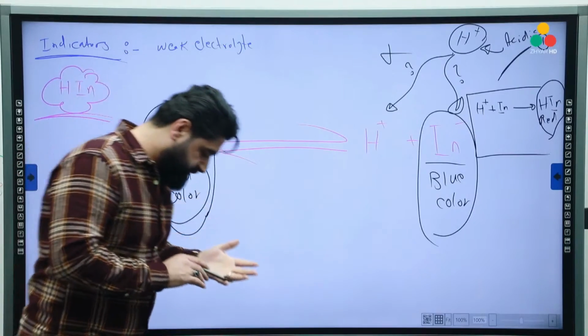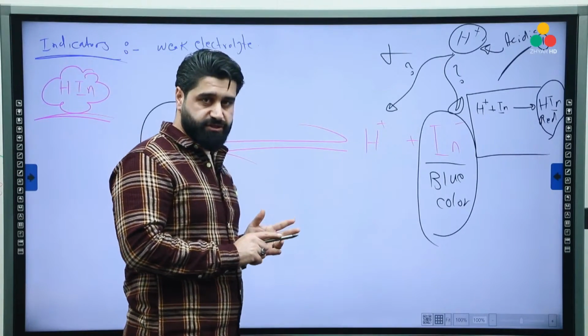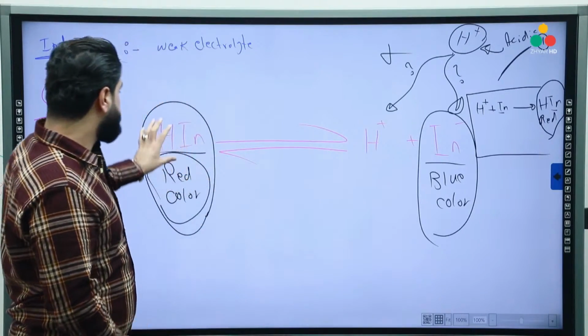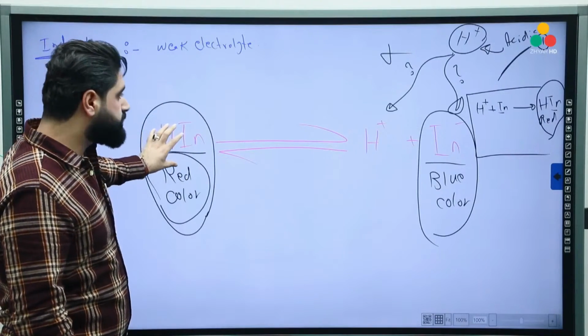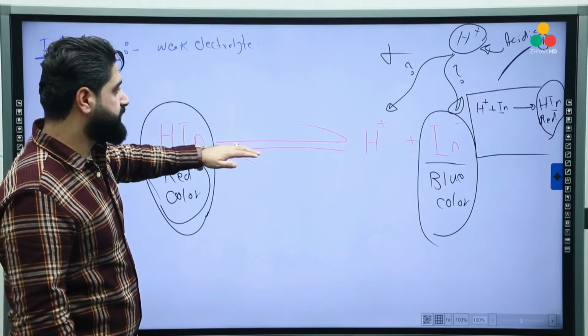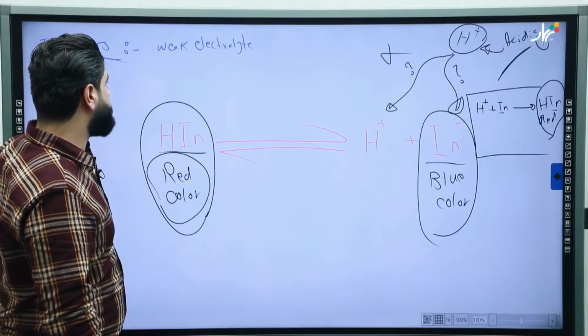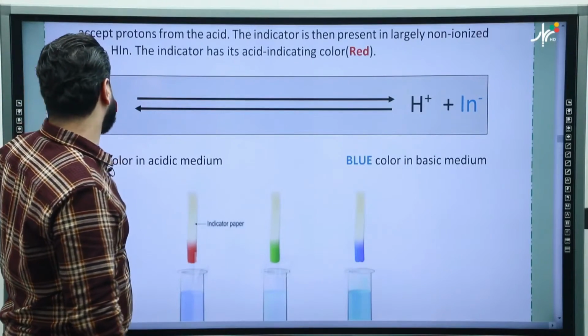So in acidic medium, formation increases, dissociation decreases, and it is mostly in HIn form. That's all about the indicator in the acidic medium.